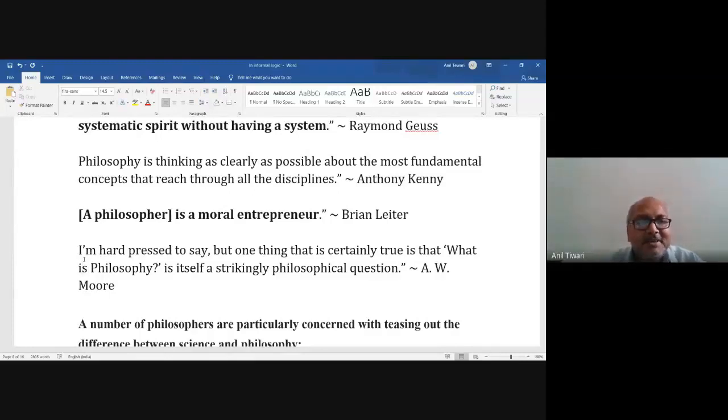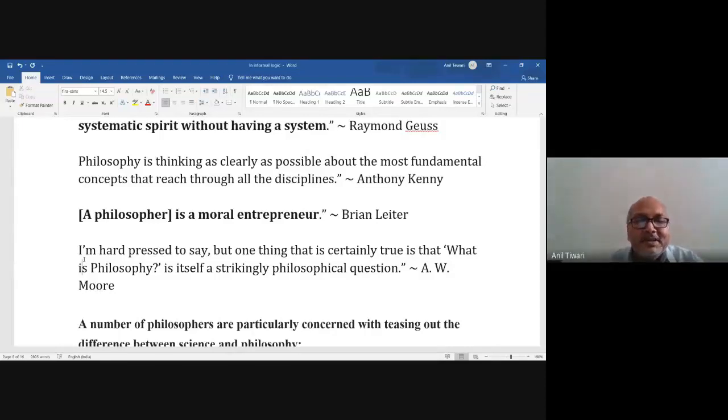And here, a philosopher is one who does philosophy, right? So this definition is related to the agent who is engaged in doing philosophy. It is pointing out the character of the person engaged in philosophical activity.